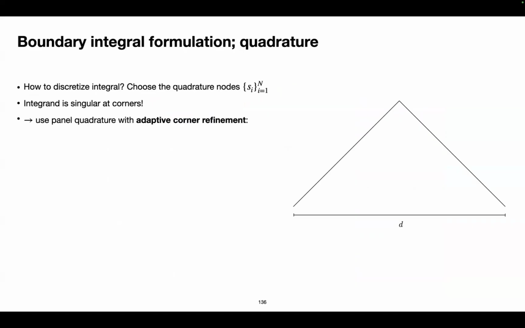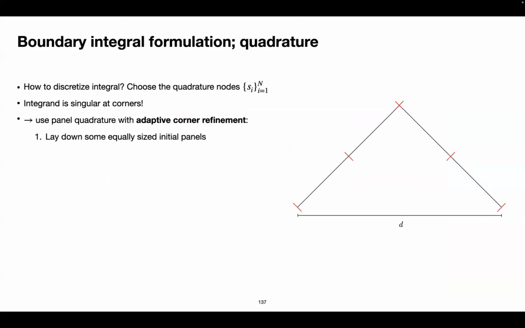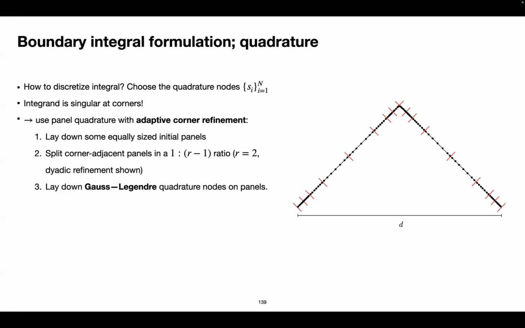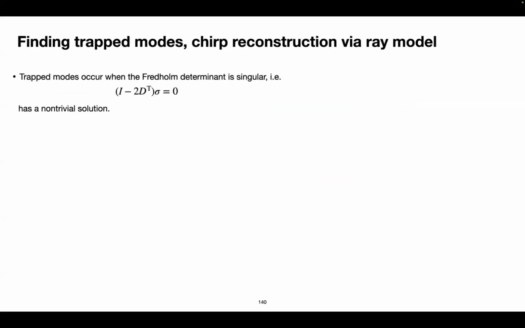So what I need to be clever about, and what I'm going to do, is divide the stairs up into these panels, and I'm going to define a numerical integral on all of those panels. But the panels get smaller as you get closer to the singularity, and they do that in a way that avoids the singularity. So this is called adaptive corner refinement. And yeah, don't worry too much about the other details. The point is that this is a nice way of ensuring that you don't run into that singularity.